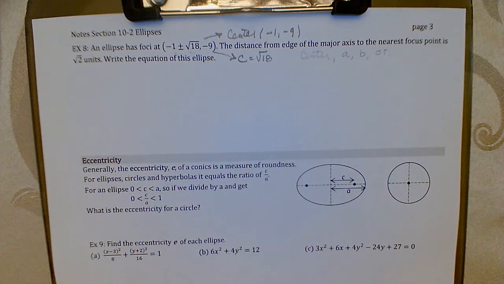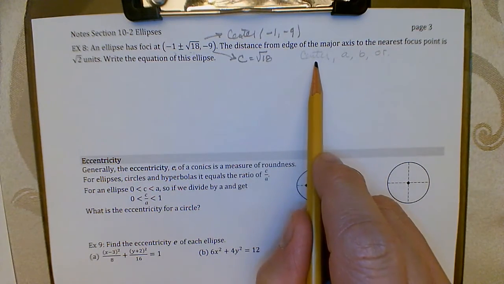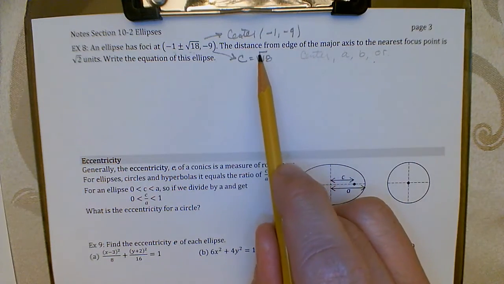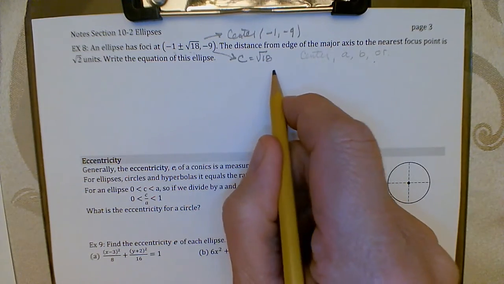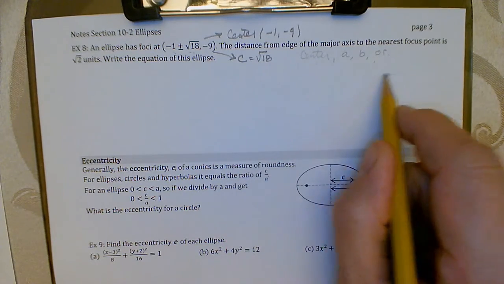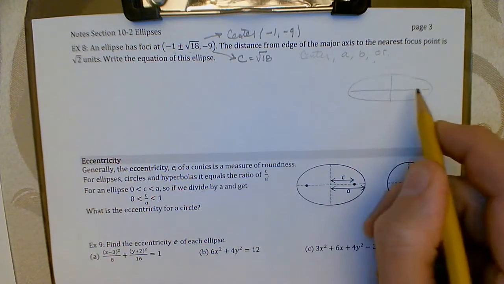So we need to be able to figure out A and B though. We know the center, we took care of that, we know the orientation, we need to find A and B. If we think about drawing a picture of this, here's the major axis, here's the minor axis.